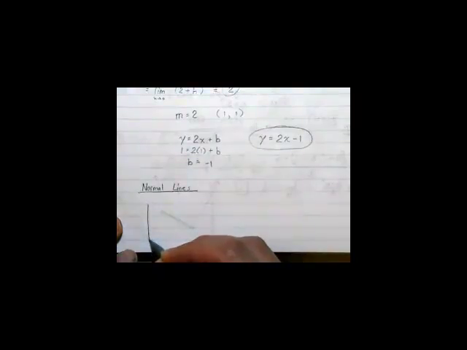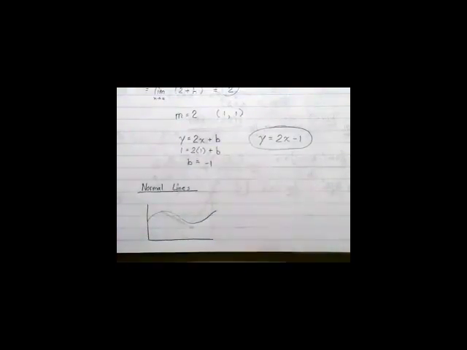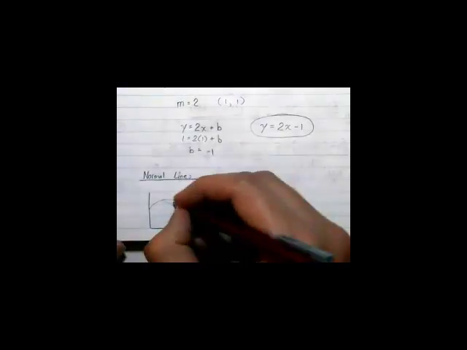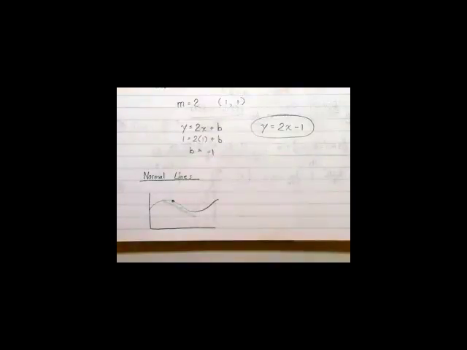Okay? So if we had a little function going along here, let's say I wanted to find the normal at this particular point right here, what I would do to sketch that here, here's your tangent line.